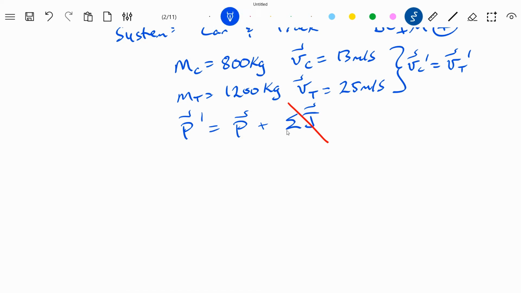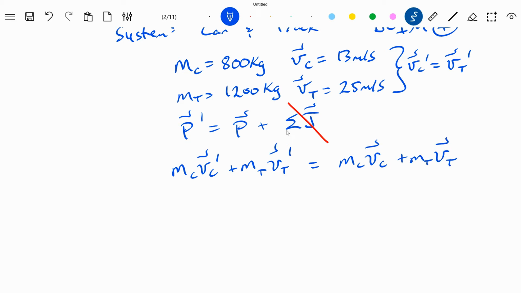All right. So the mass of the car times velocity of the car prime, plus the mass of the truck times velocity of the truck prime, that's the momentum of the system after the collision, is equal to the momentum before: mass of car times velocity of car before, plus mass of truck times velocity of truck before.